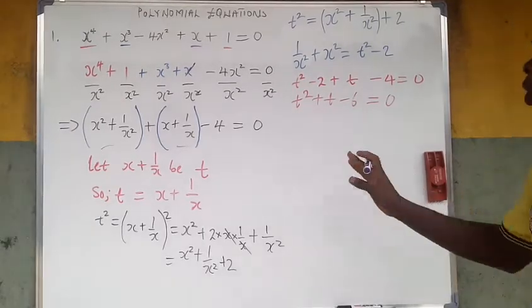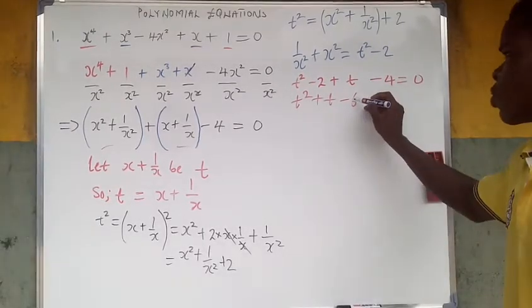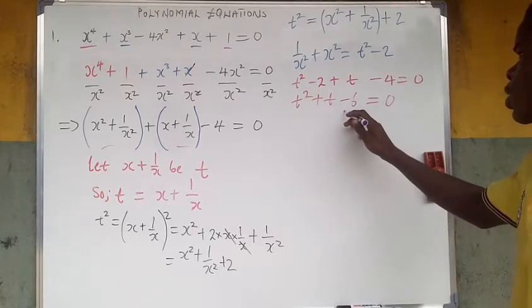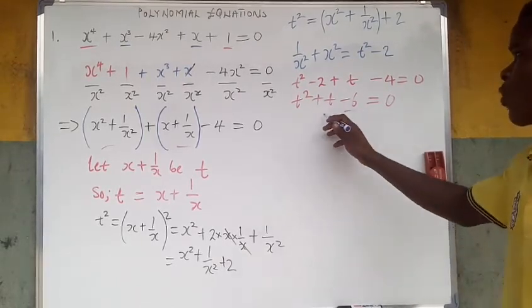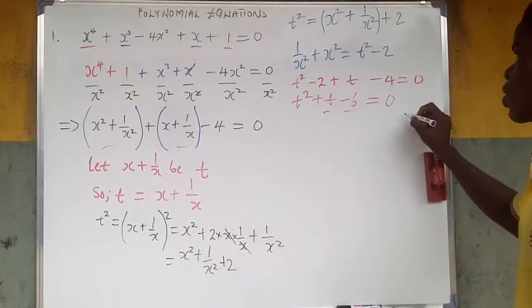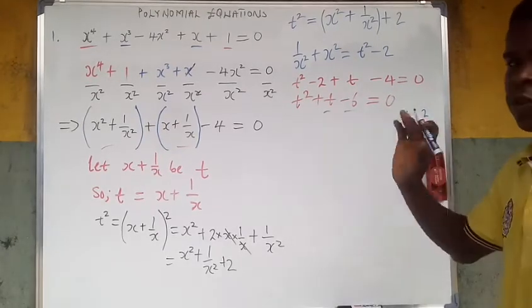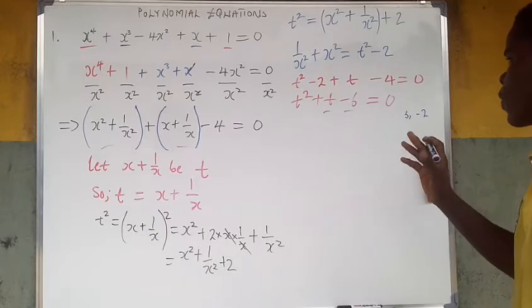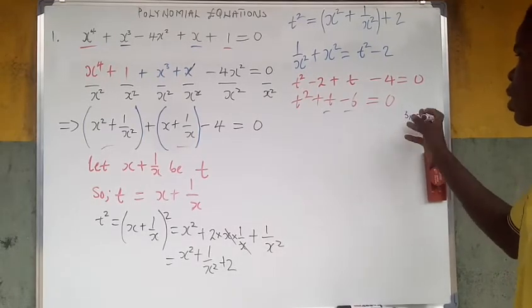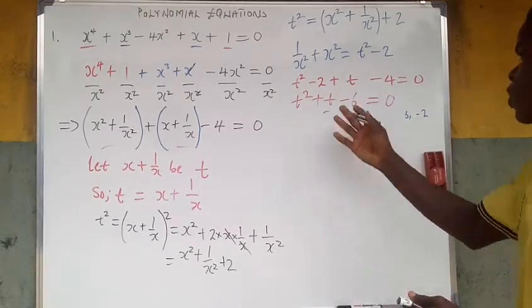Now, let's take two factors whose product would give us negative 6, and whose sum will give us positive 1. That is 3 and negative 2. We want to use the factorization method to solve this quadratic equation. 3 times negative 2, and their sum gives us what we want.